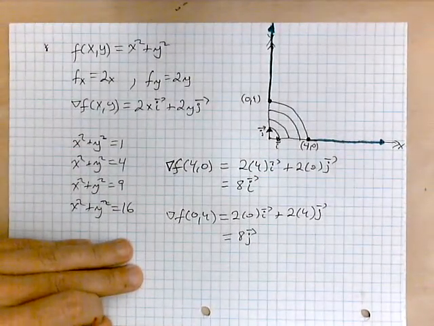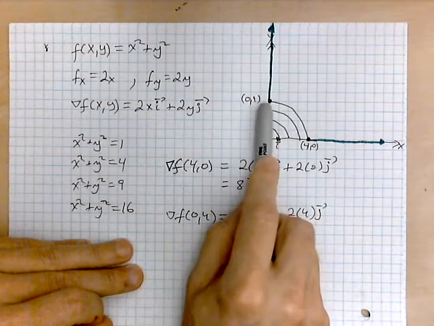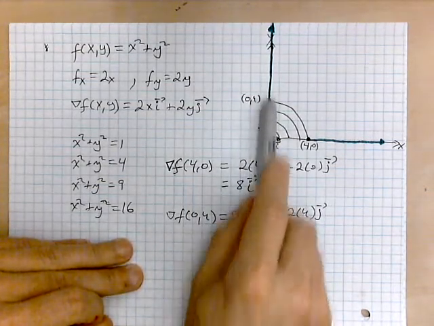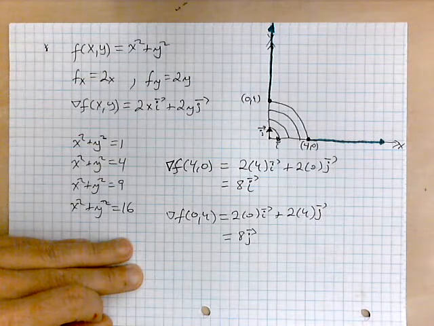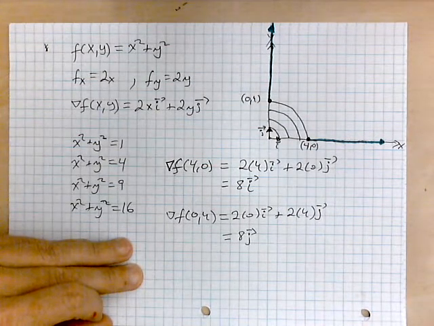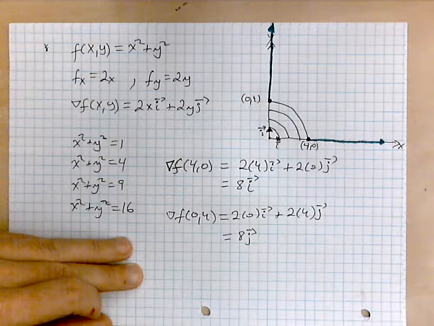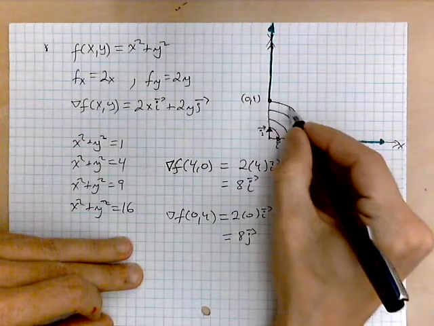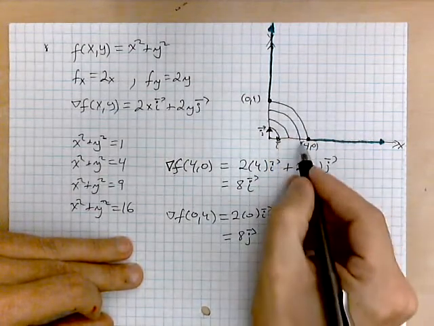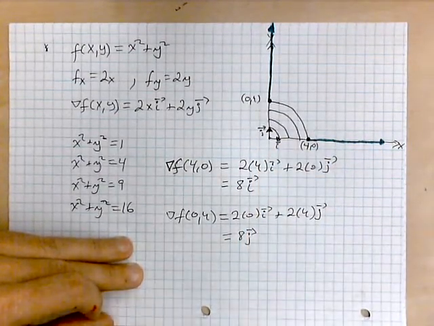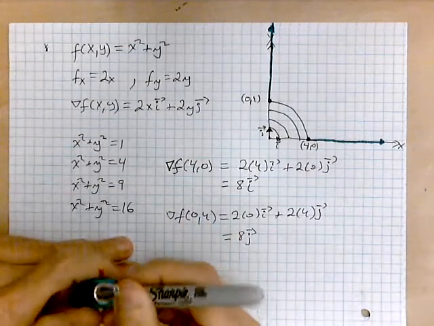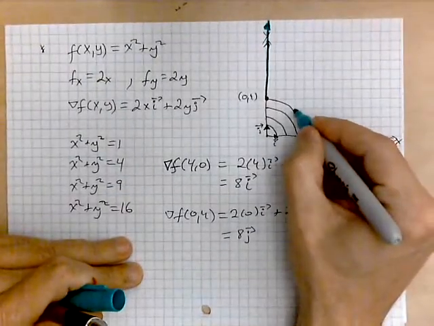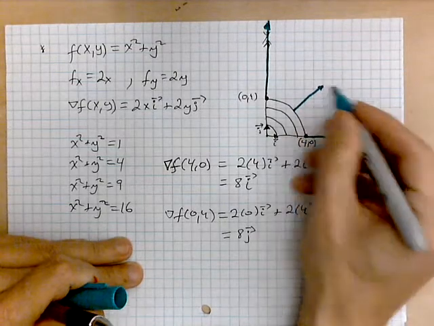It represents the rate of change of the function at this point along the y-axis. And now we can also find the rates of change along this contour curve, or perhaps this one. And in each case, once you find it, you draw an arrow that is perpendicular to the contour.